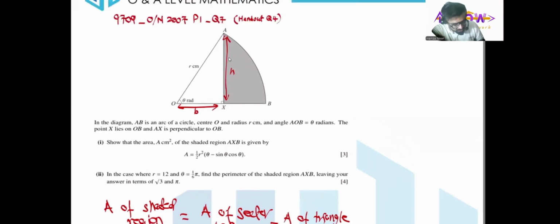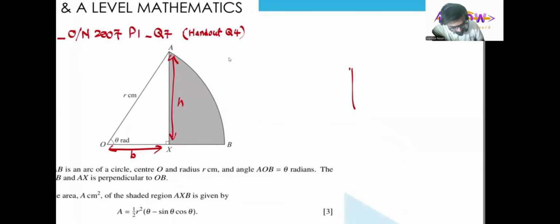If we consider this triangle AOX, we can see that this angle is theta, and the hypotenuse is r. The length OA is the hypotenuse.